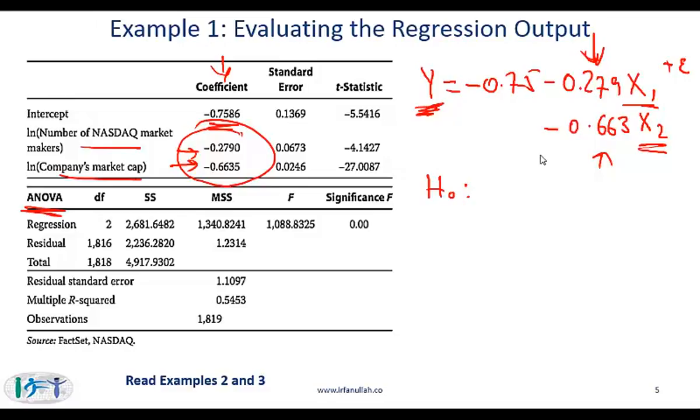Do you think this is a one-tailed test or a two-tailed test? This is actually a one-tailed test. If your belief is that B1 is negative, that means you are only on one side of the tail. So you need to set up a one-tailed test because you'll only be concerned about one side.